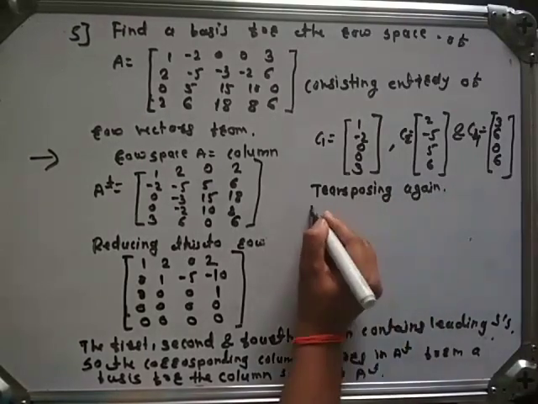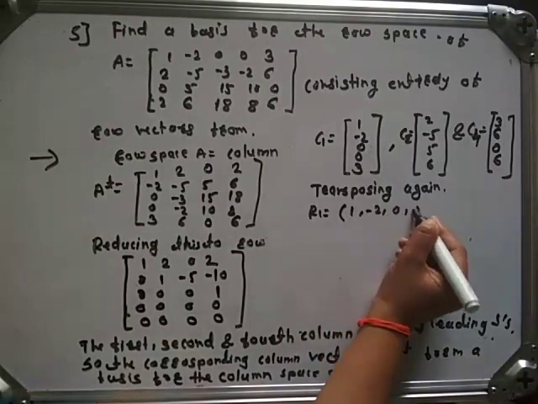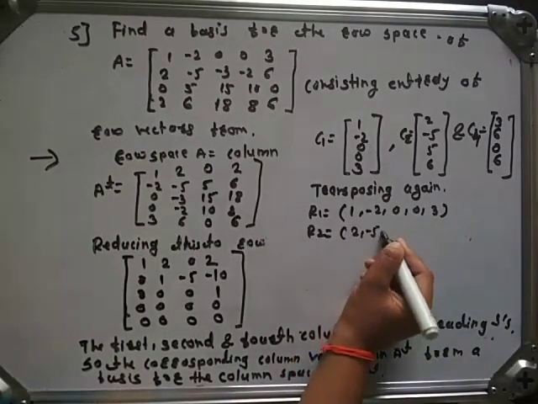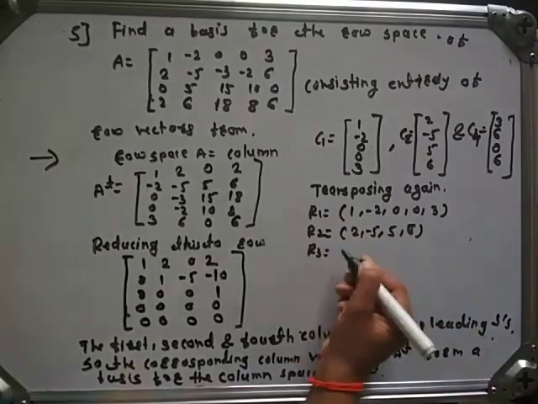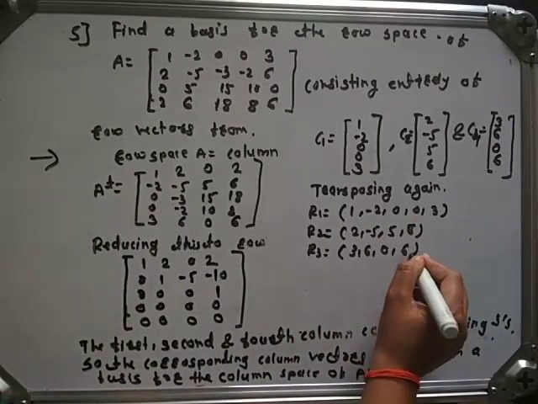So you will get R1 as 1, minus 2, 0, 0, 3. R2 is 2, minus 5, 5, 6.